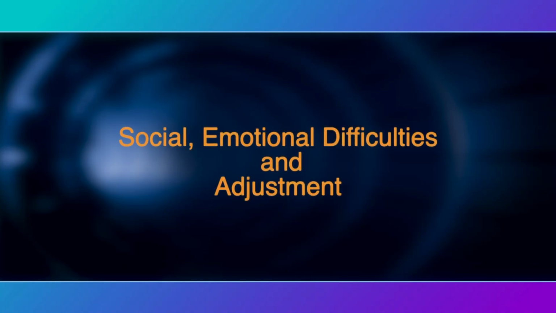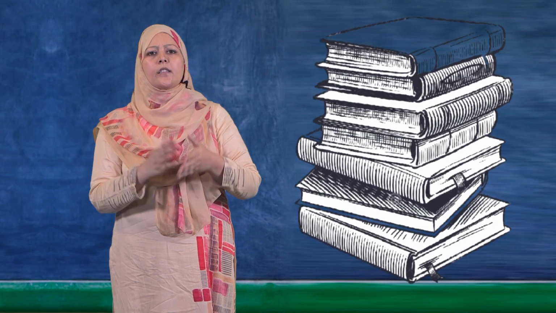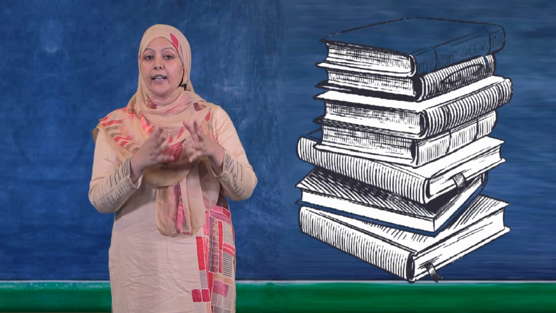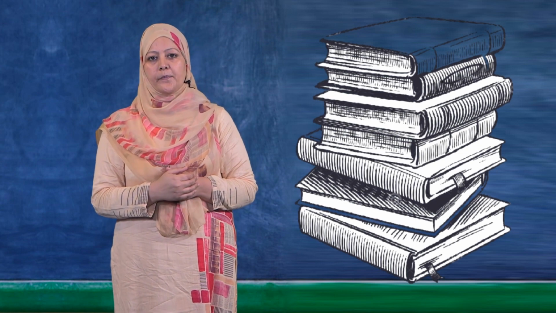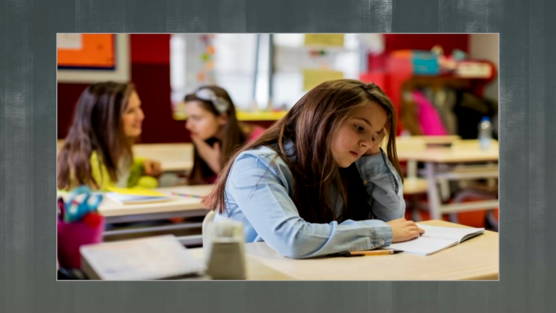Next is the social emotional difficulties and adjustment. The social and emotional skills are an area where one can have a huge impact as a parent. For all children, but especially those with learning disabilities, social and emotional skills are the most consistent indicators of success, outweighing everything else, including academic factors.